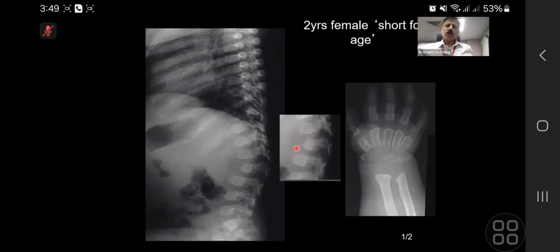What do you call this appearance of a vertebra? You see the anterior, this thing? I don't know. Right. Now, if you look here, this gives you a proximally tapered appearance.